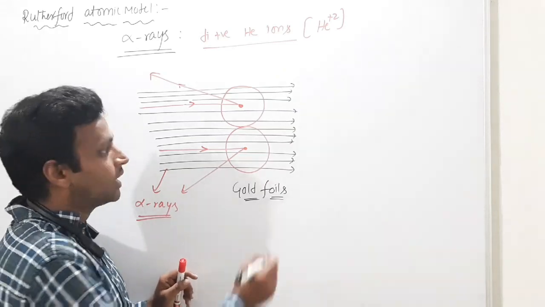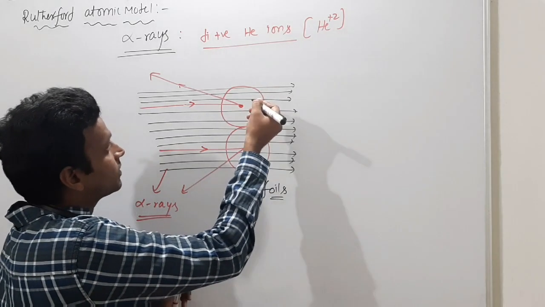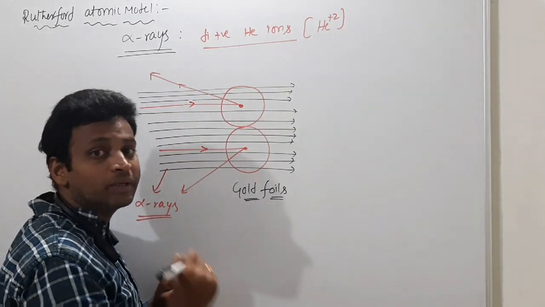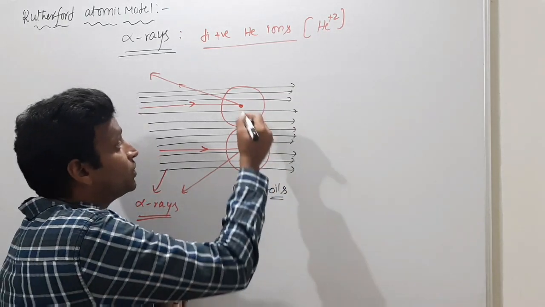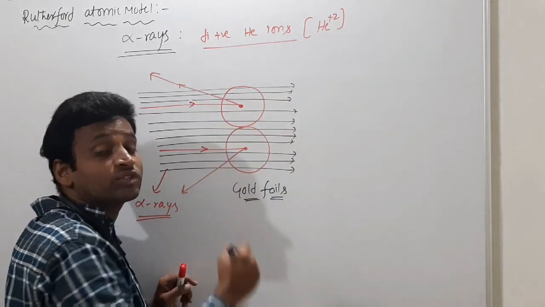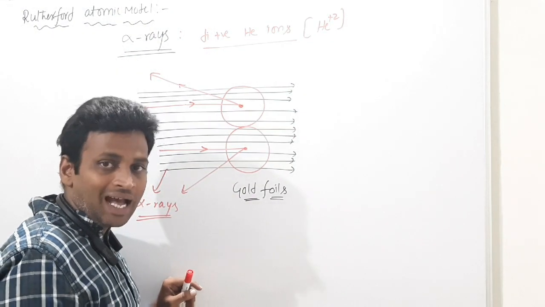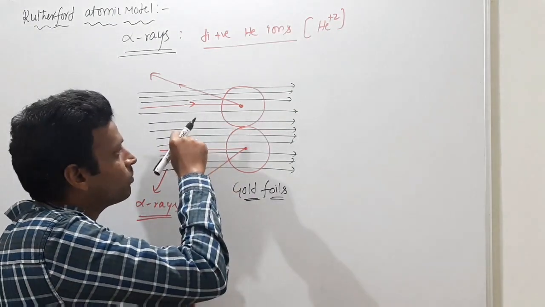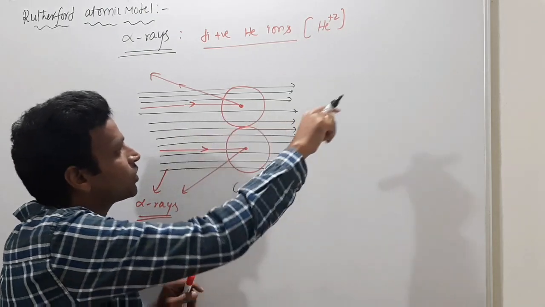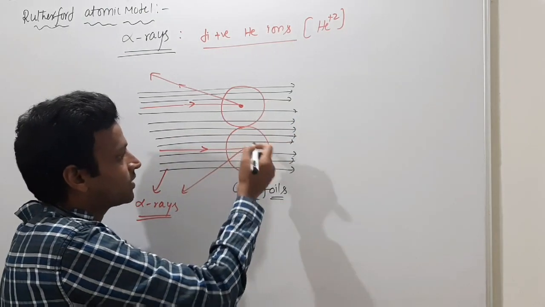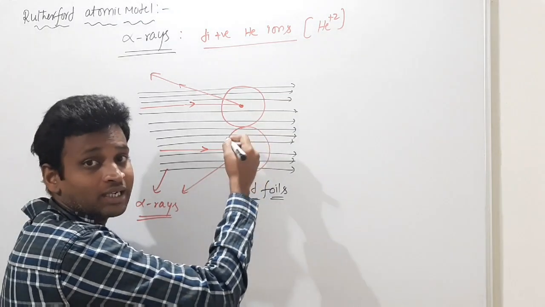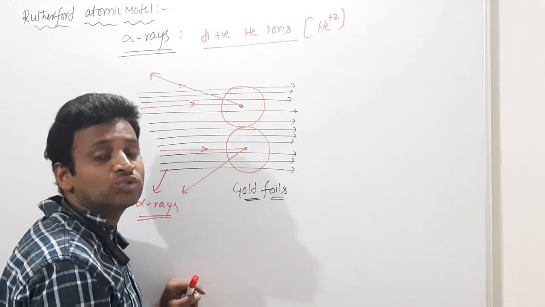That means when they hit the center, they come back. What is the meaning? The nucleus also consists of some positively charged particles. And the rays pass through the gold foils except at the center.